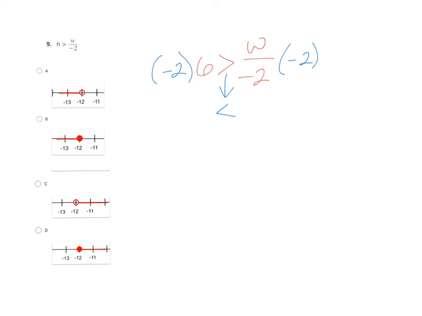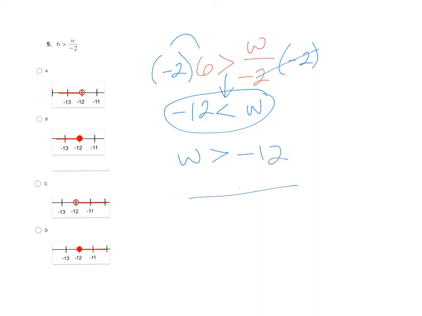So I flip that inequality, and now I have negative 2 times 6, which is negative 12, is less than w. Now we're going to flip this whole thing to get our variable first. That would be w is greater than negative 12. We would have an open circle at negative 12 going to the right. Looks like I have C.